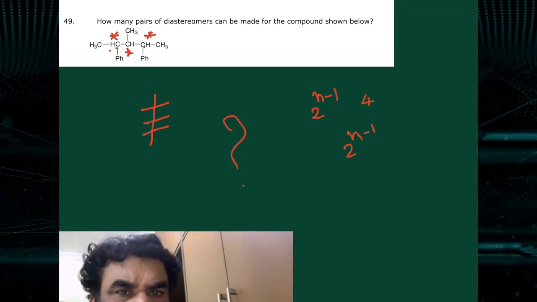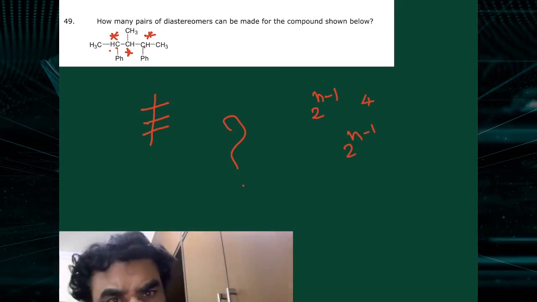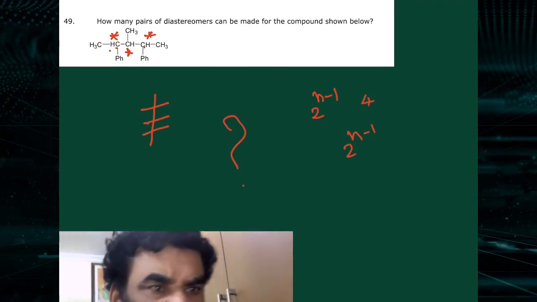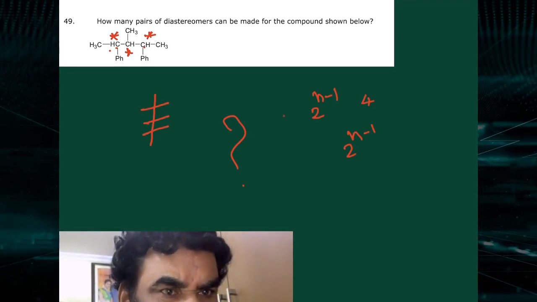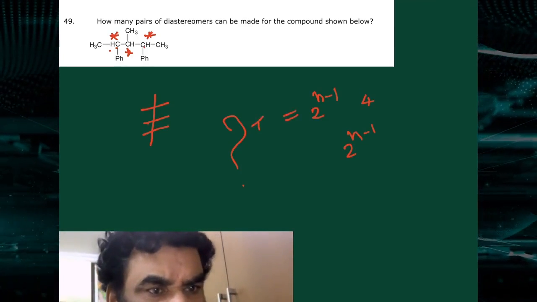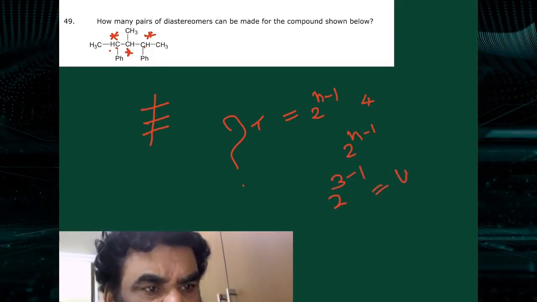There is a plane of symmetry, it can be bisected through the carbon atom, symmetrical. So then what is the rule? Total 2 to the power of n means 3 minus 1, that is equal to 4 are possible.